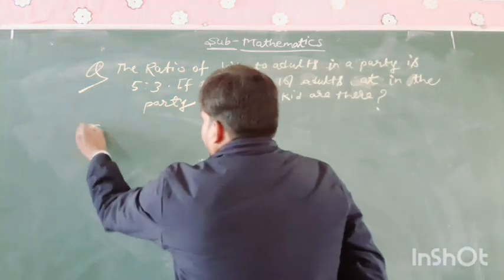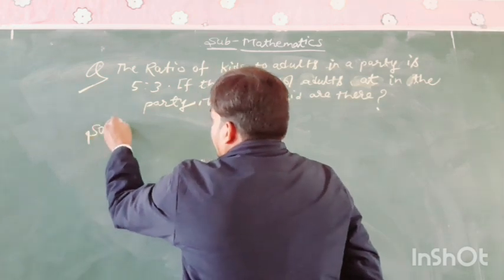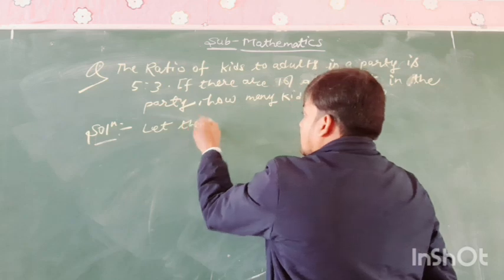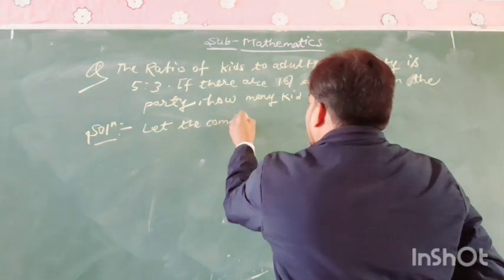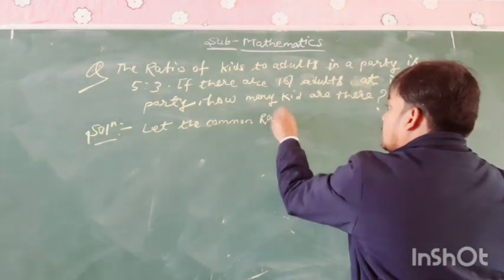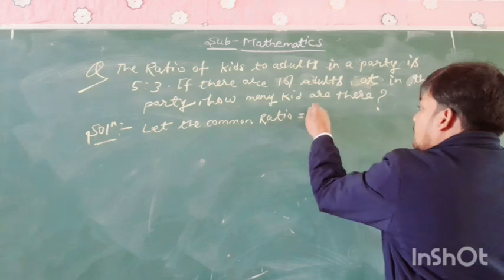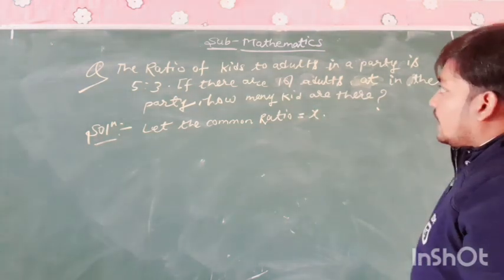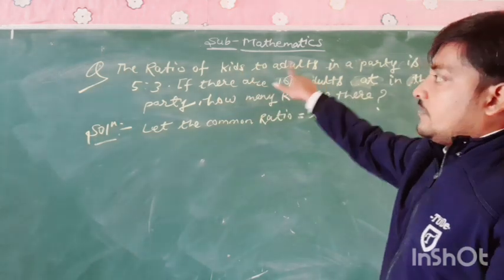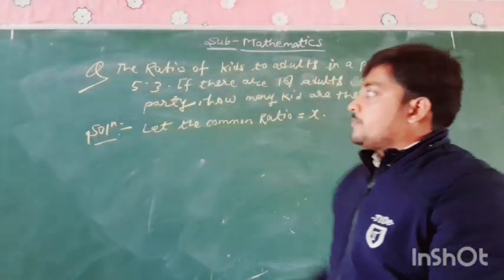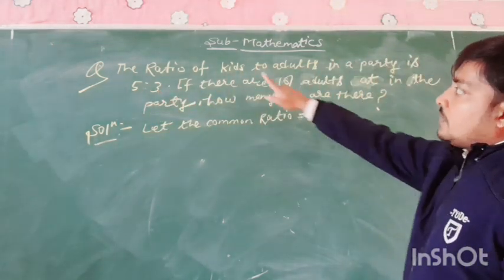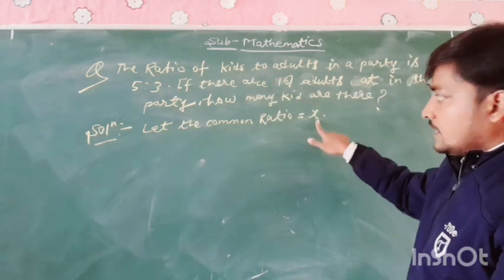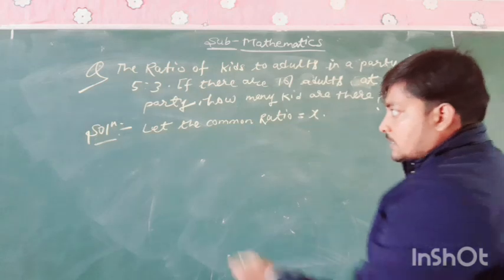In the solution, first we let the common ratio be equal to x, and the given ratio of kids to adults is 5:3. Then the number of kids is equal to 5 into x, which is 5x.